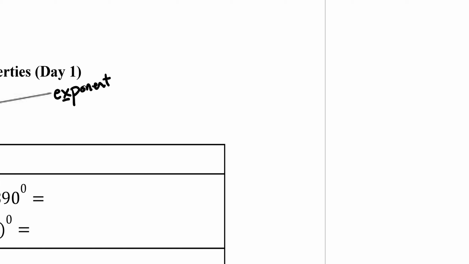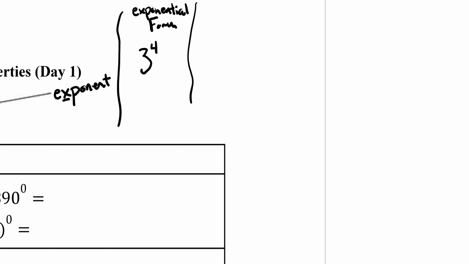So if I had, for example, there's three different forms you might see this. One of them is exponential form, and that would be, let's say as an example, 3 raised to the 4th power, and that would be equal to factored form.